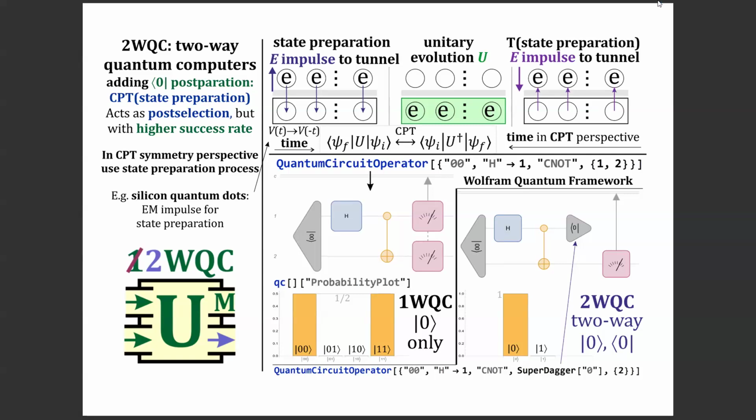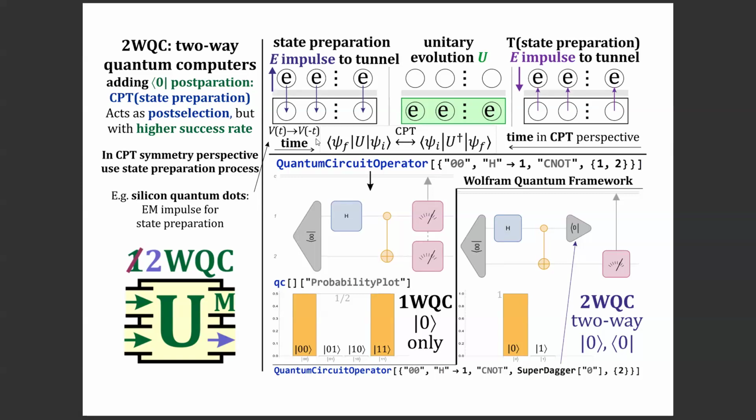But the physical implementation can be seen at the top image there, where electromagnetic impulses are applied to the state to prepare it, and traveling electrons are used here. So that's what's happening on the left. And the small equation with the arrow, which is v of t changing to v of minus t, is reversing the time variable in those impulses.